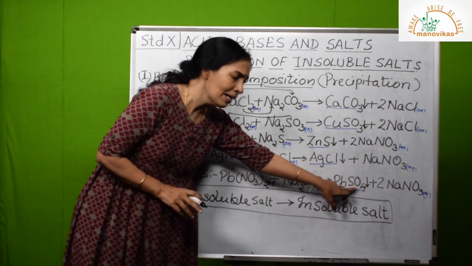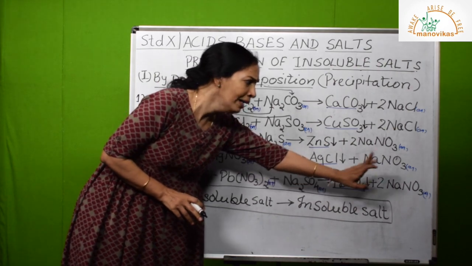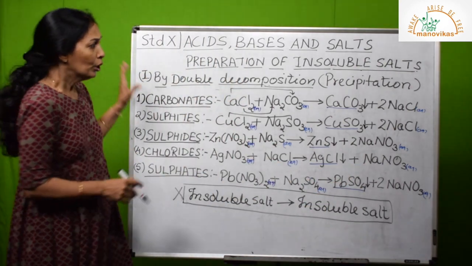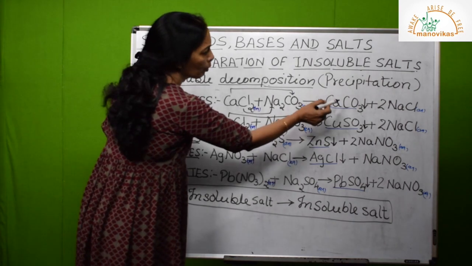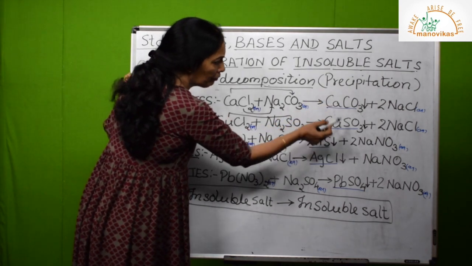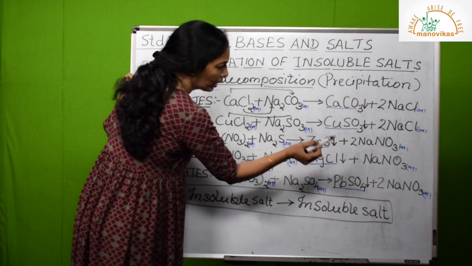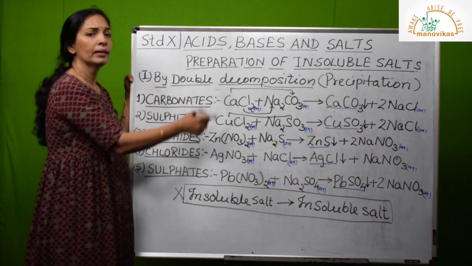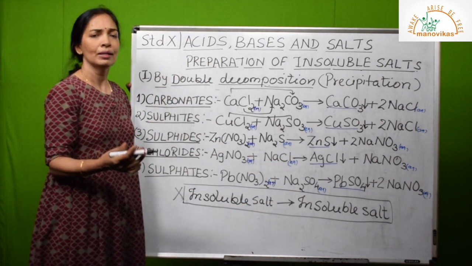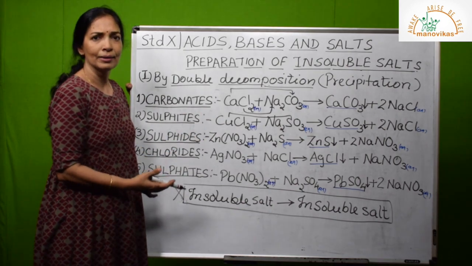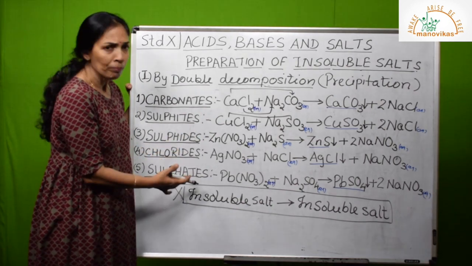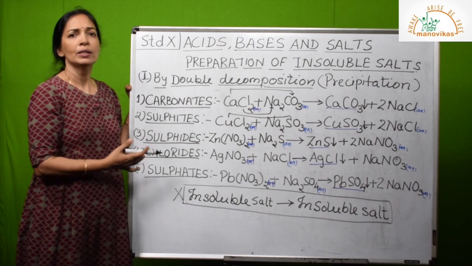It will give lead sulfate which is insoluble and NaNO3 soluble part. In this way we can prepare insoluble carbonates, sulfides, chlorides and sulfates. You can try with other substances and practice the equations. So this is one method of preparation of insoluble salt.